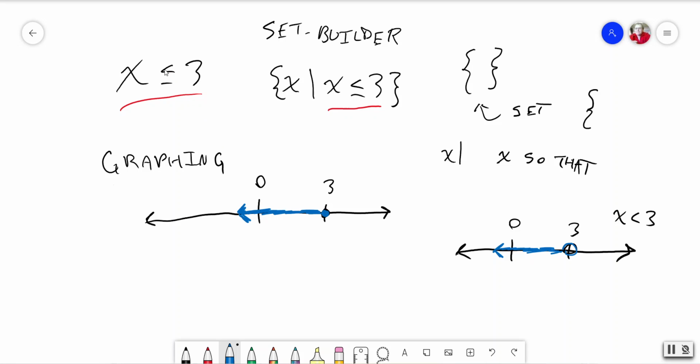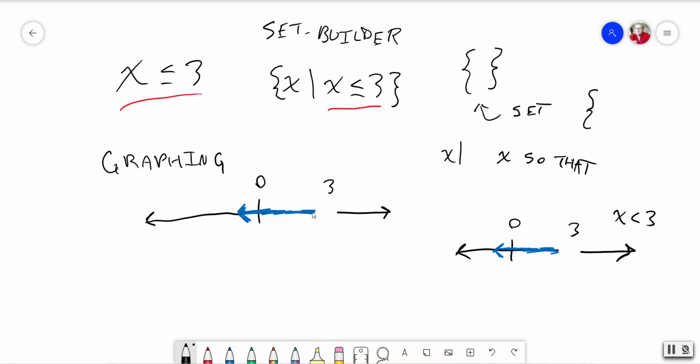Now, the third way of doing this, well, actually, let me back up. Another way you can do this, if you don't like dots, is to use a bracket.